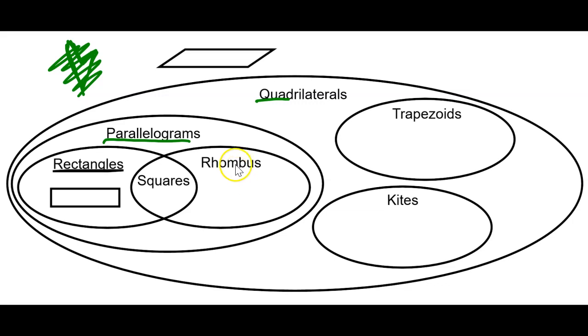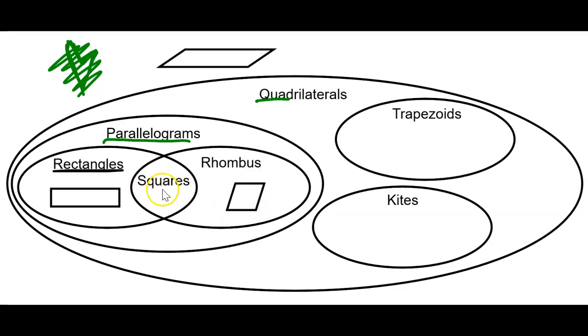And then we have a rhombus, which is also a parallelogram. But what's special about the rhombus is that all four sides are the same length. So let's see if we can draw one of those. That's pretty close. So notice it's still a parallelogram, but all four sides are congruent. And then you have a square.